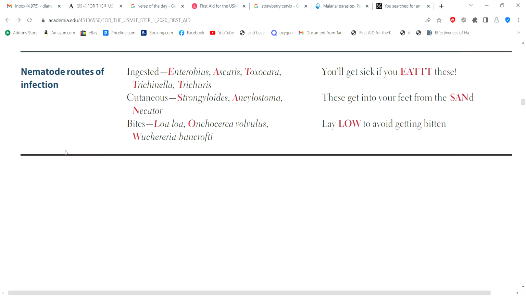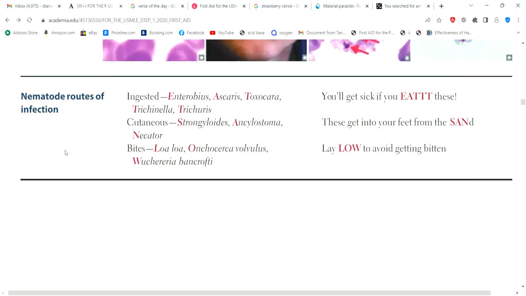Nematodes, route of infection. These are the worms, and how they get into your body. Ingested, the ones that you eat: Enterobius, Ascaris, Toxocara, Trichinella, Trichuris.